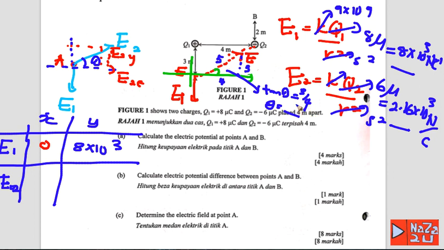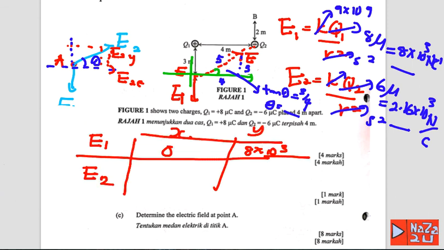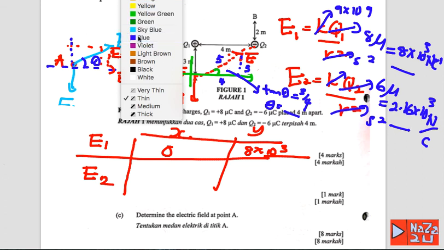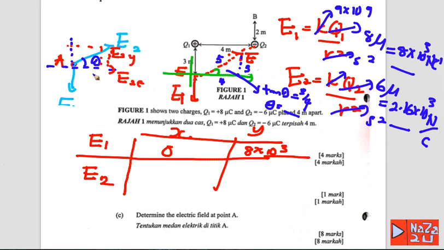So the value of theta, this is E2. E2 resolved to the x is equal to 2.16 times 10 to the power of 3, times cos theta.